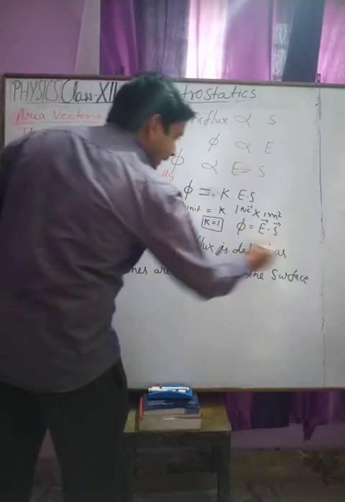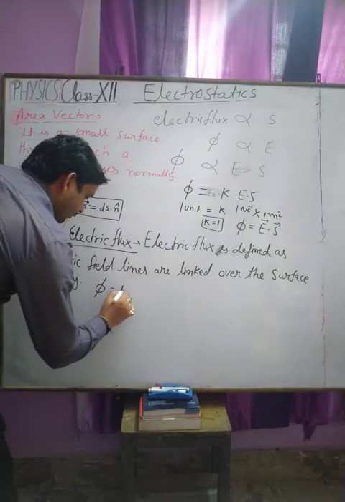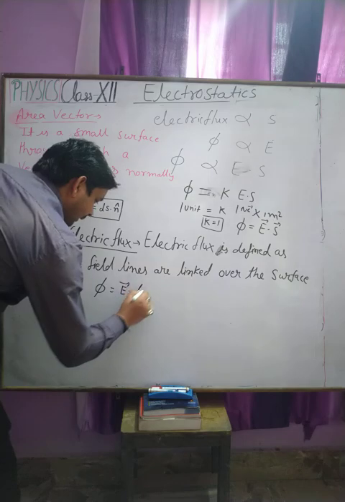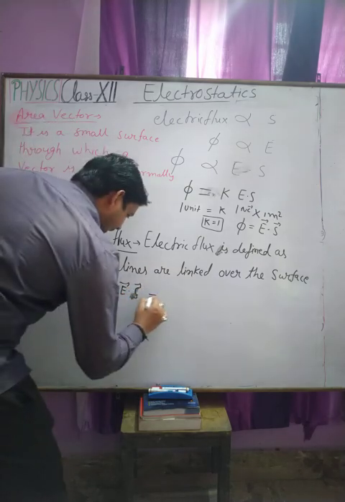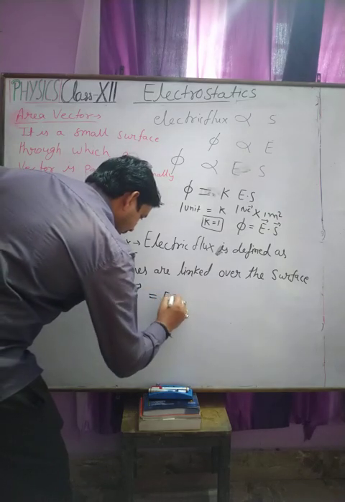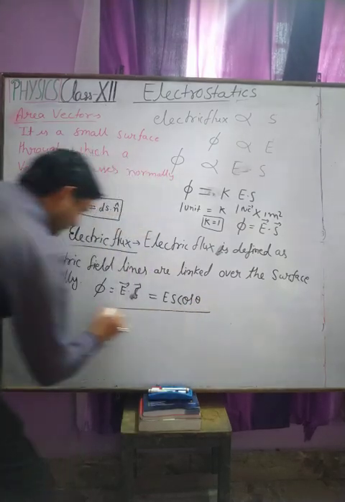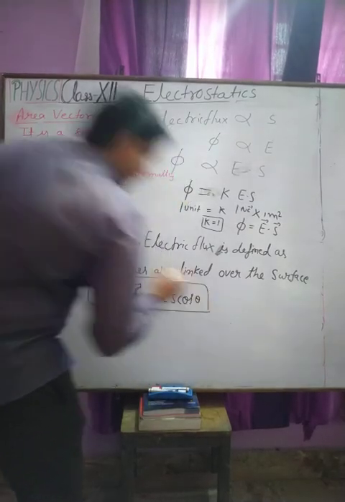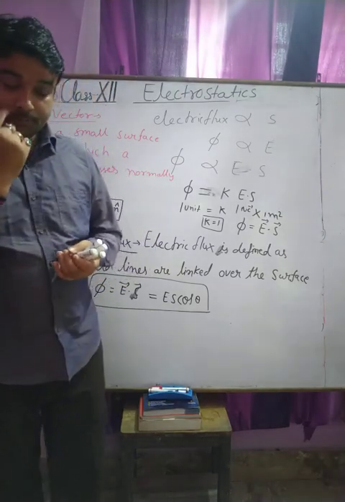Therefore, electric flux is given by phi is equal to vector E dot vector S, or we can say E S cos theta, because electric flux is a scalar quantity.